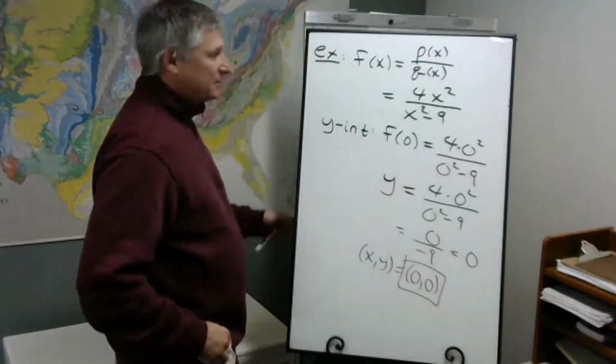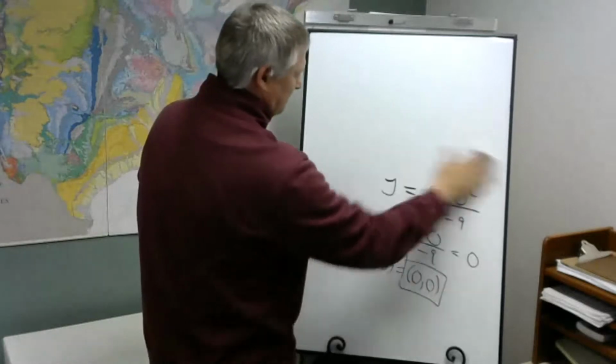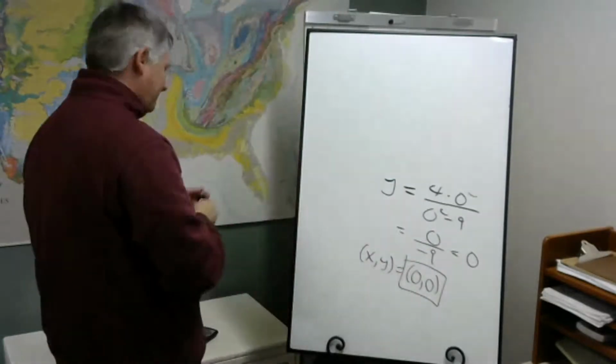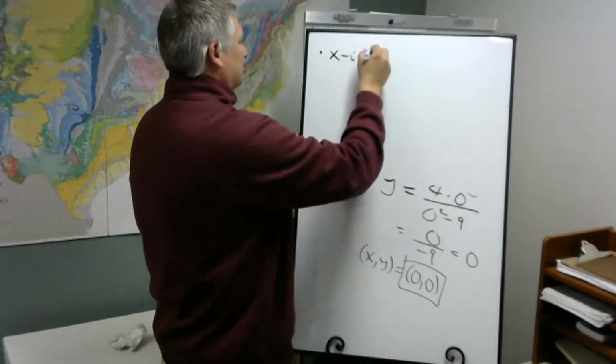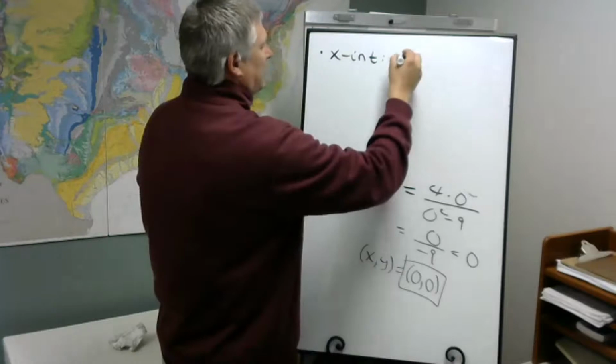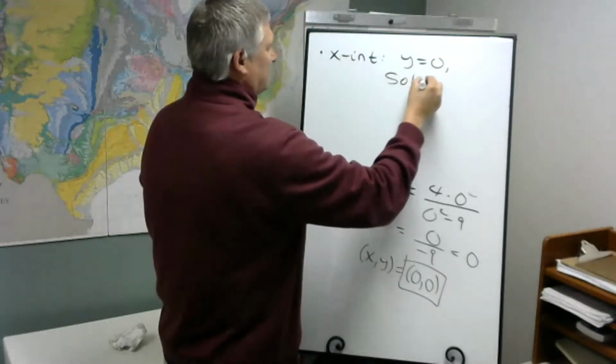Now for the x-intercept. Here we let y equal 0. We're going to solve for x.